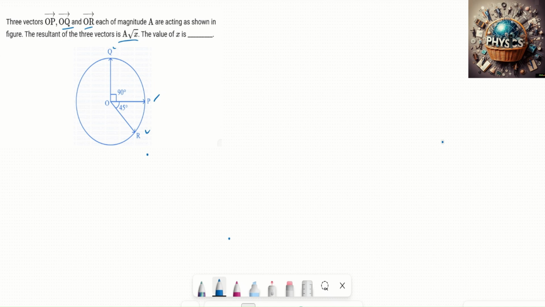Okay. So the magnitude of each of these vectors is A, which means that OR is equal to OP, and this is equal to OQ, and this is equal to A. This is our first thing.